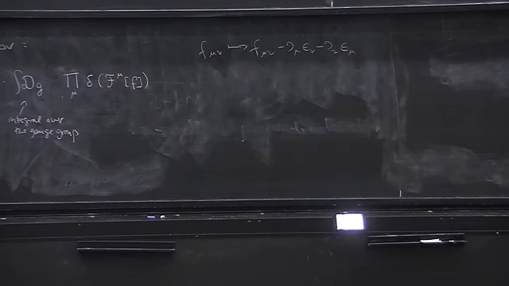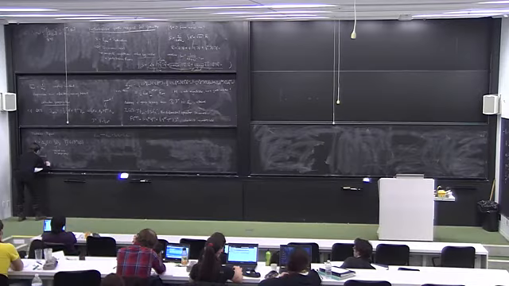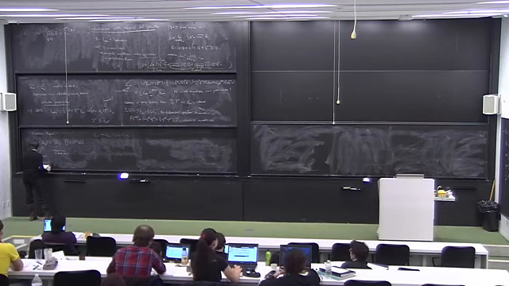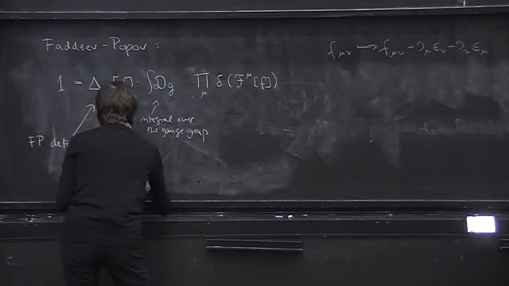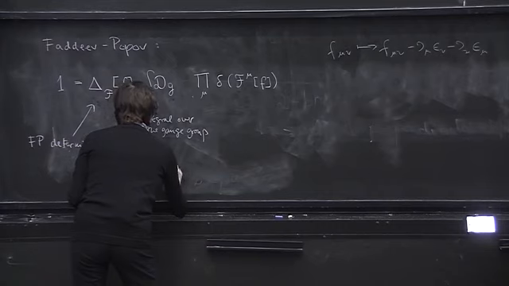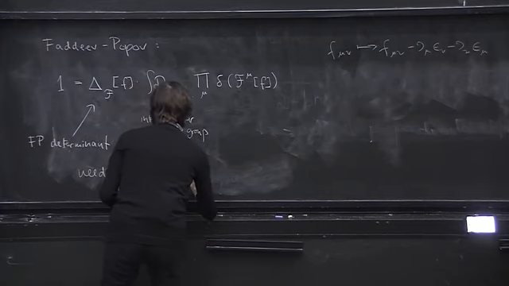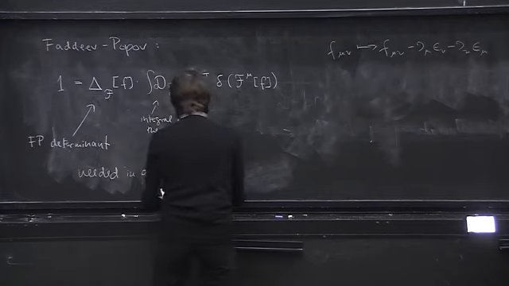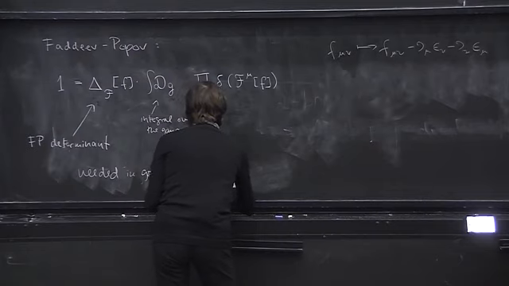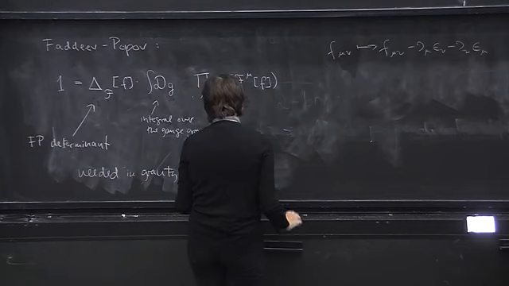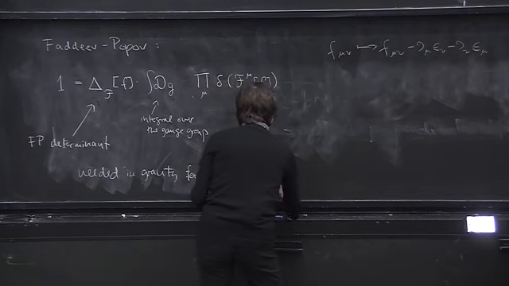So here I just state this. This functional determinant is really needed in gravity to make this linearized theory unitary. And that is an observation.